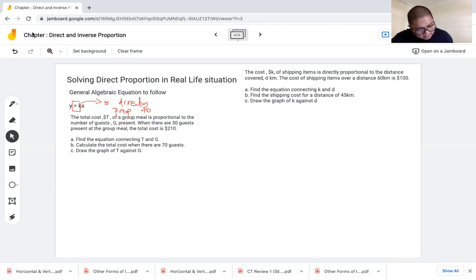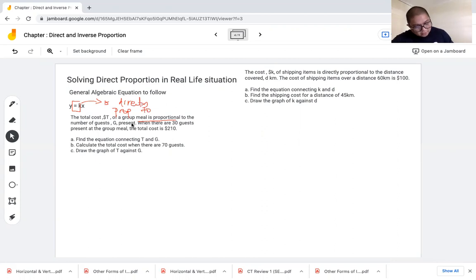And in this statement, we will see this particular one. Now notice that when we highlight this is proportional to, on the left side, it will give you the total cost, which represents the y, and the number of guests on the right side, which represents the value of x.